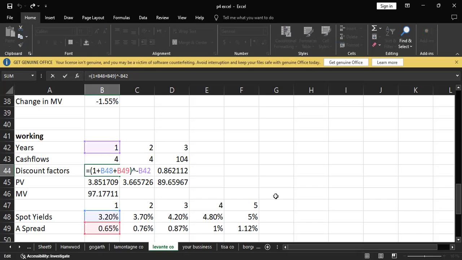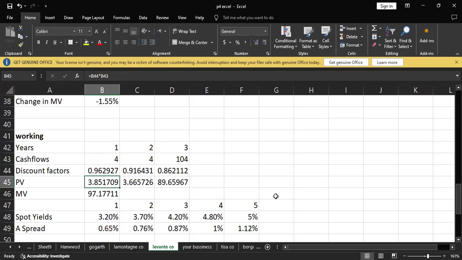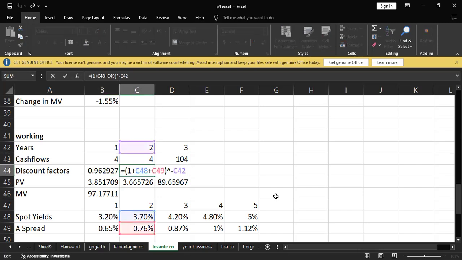1 plus spot yield, which was 3.2, plus spread, which was 0.65, raised to power minus 1. Then for the second year, we have 1, which is the constant in the discount factor formula, plus spot yield plus spread raised to power minus 2.